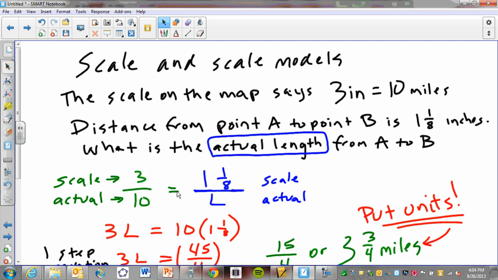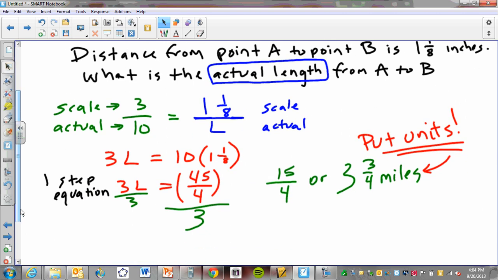And we need to know how much 1 1/8 is to the actual length. Scale on top, actual length on bottom. Cross multiply. 3 times L. 10 times 1 1/8. That becomes 45 over 4 equals 3L.